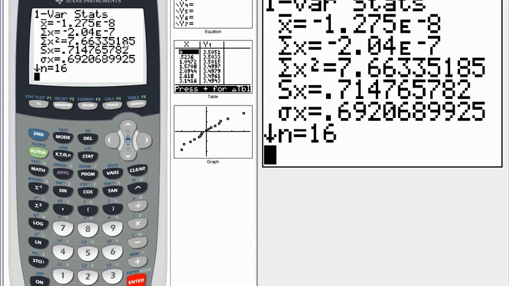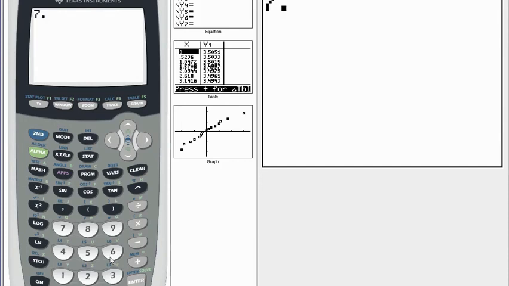That's because in that list, it took the sum of all of the x squareds and added them up. So that's the sum of my squareds. I now need to divide that number by n minus 2, which is 14.